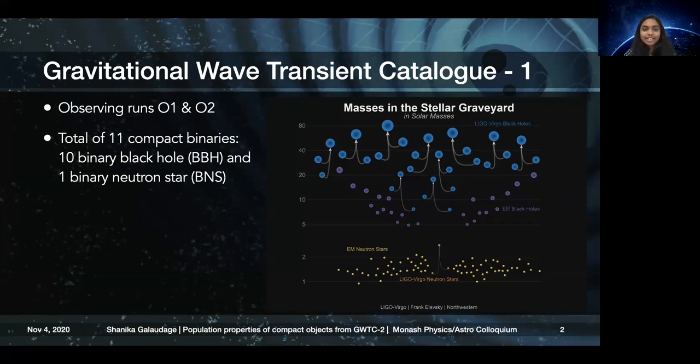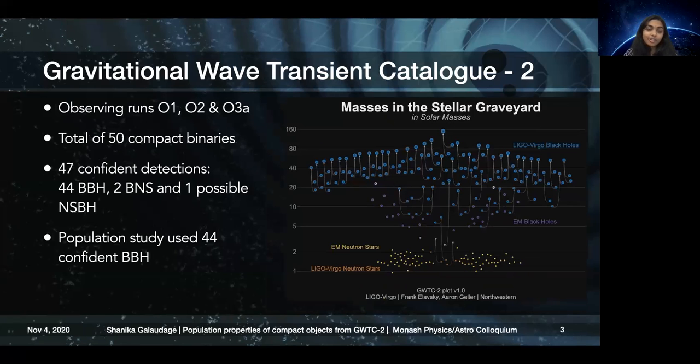So if we look back to our first gravitational wave catalog, from the first and second observing runs O1 and O2, we had 11 compact binaries, 10 of which were binary black holes and 1 a binary neutron star. And if we fast forward to 2020, and we include the observing run from the first half of O3, or the third observing run, we have 50 compact binaries, 47 of which are confident detections.